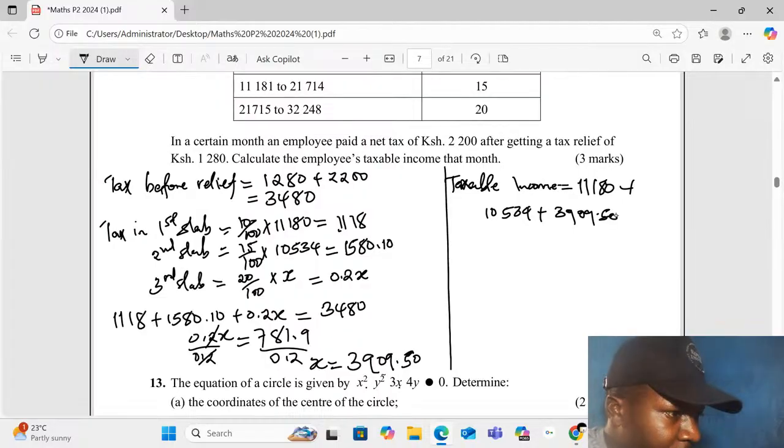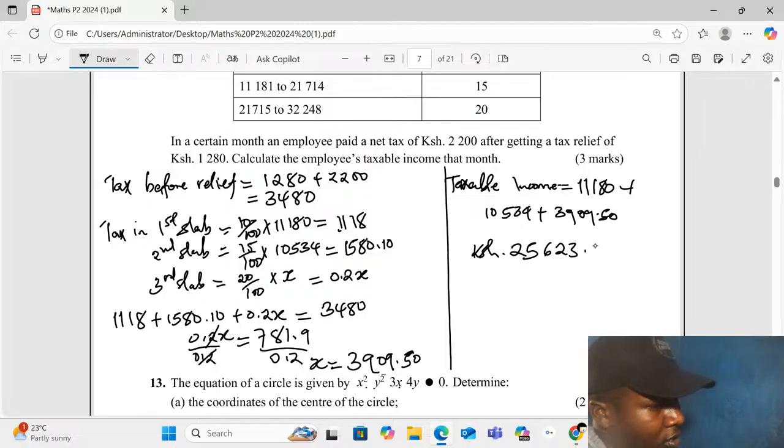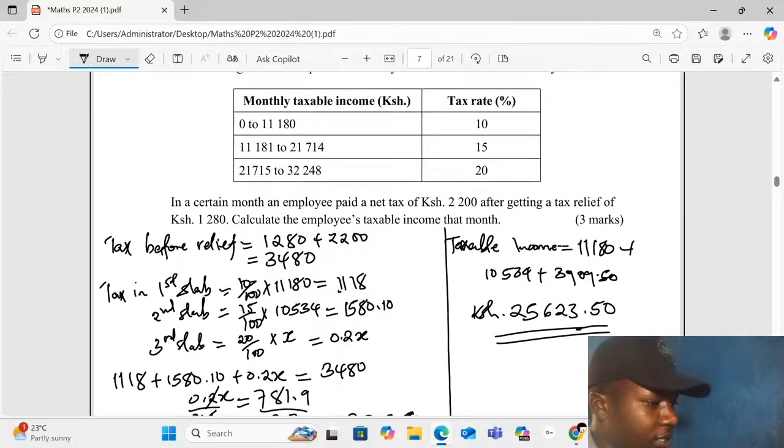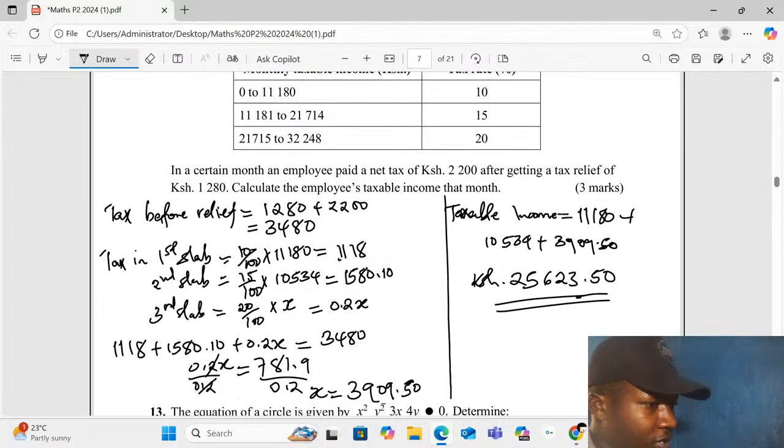So this is now the taxable income, which, when you add them, you are going to get 25,623 and 50 cents. So this is what you are going to have as your taxable income for that month. So that is the workings for that question.